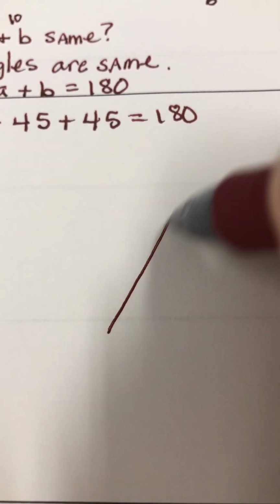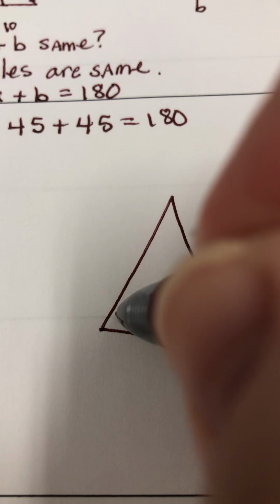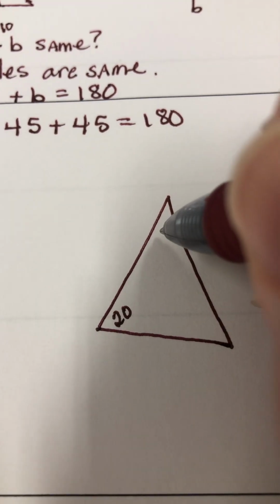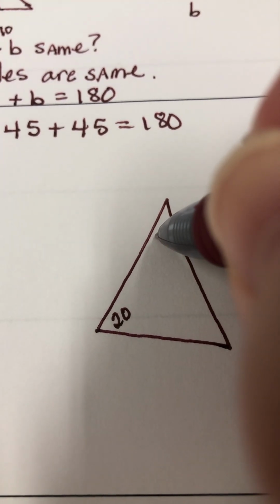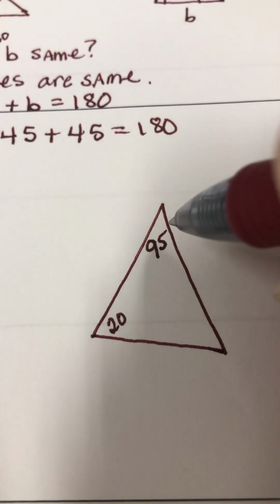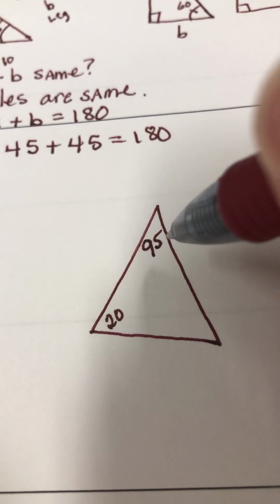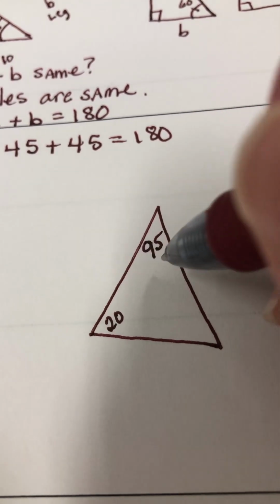So if you have a triangle and they tell you two of the measurements, let's say, and my picture isn't really showing these angles correctly because I didn't use a compass to draw it. Let's pretend that the angle looks like what the numbers are.